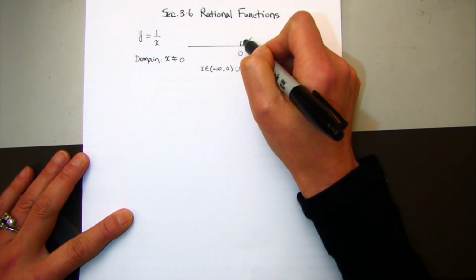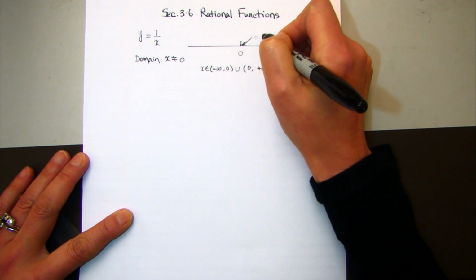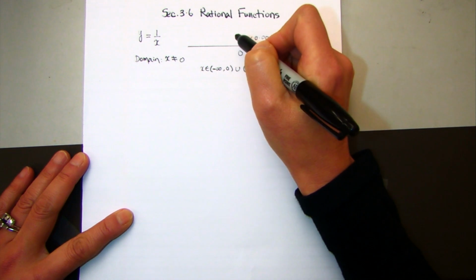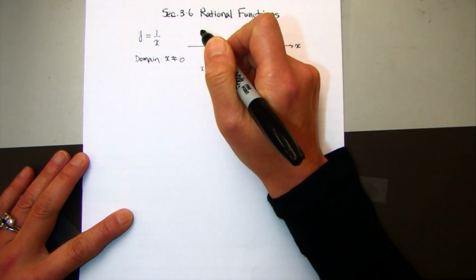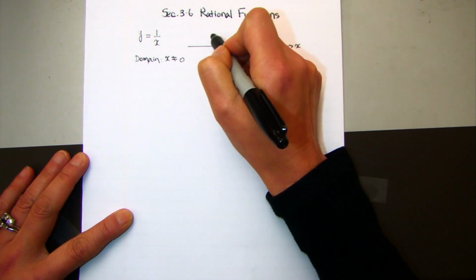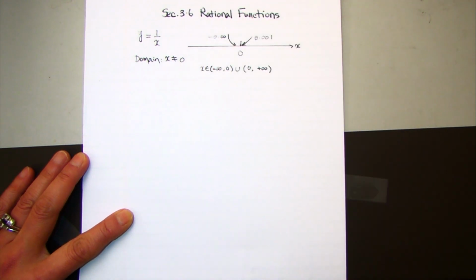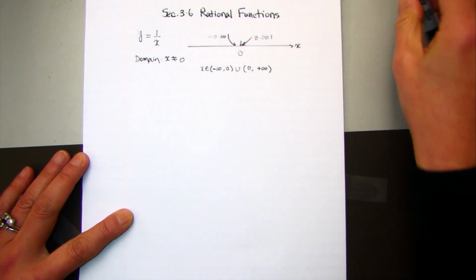So from the right, maybe we can go 0.001. That's pretty close. From the left, maybe we can go to negative 0.001. So I try to get really close to 0, but never on top of 0.